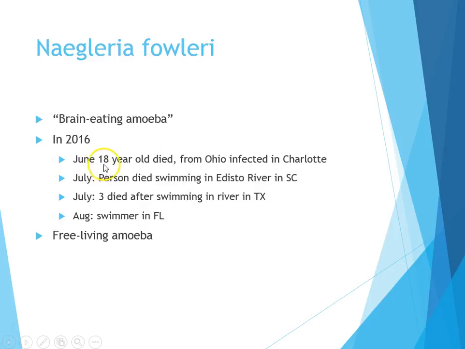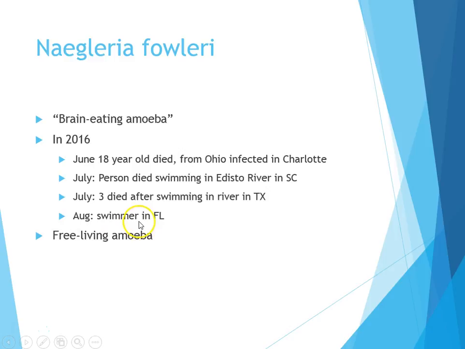So there could be more from this year. In June, an 18-year-old died. This one was real big in our news because it was from North Carolina in Charlotte. The teenager was from Ohio, but was in Charlotte, and this was in a river where she had went white water rafting. In July, somebody died from swimming in South Carolina. In July also, there were 3 that died after swimming in a river in Texas.